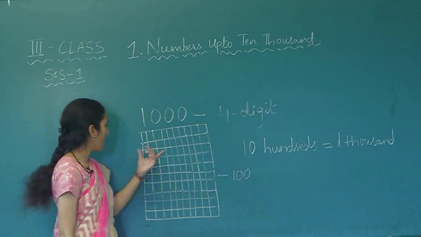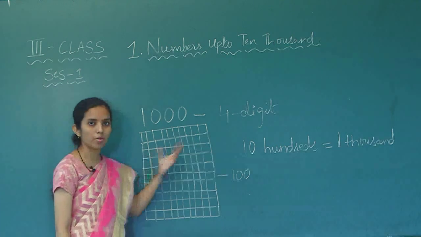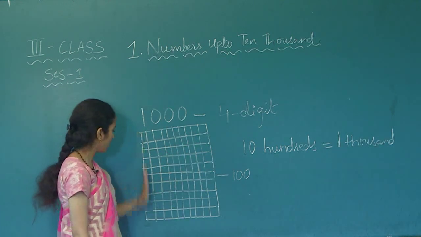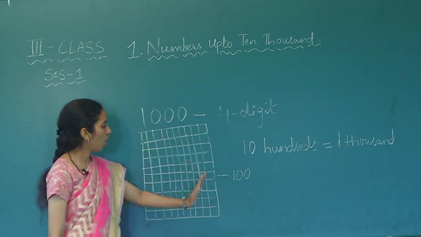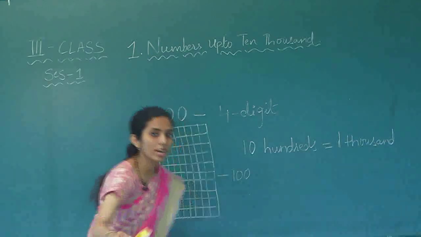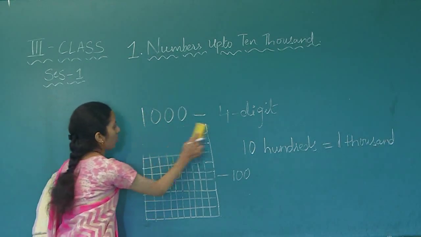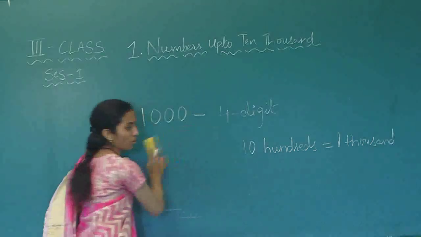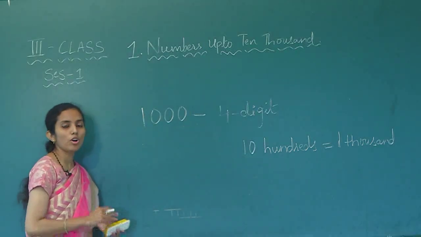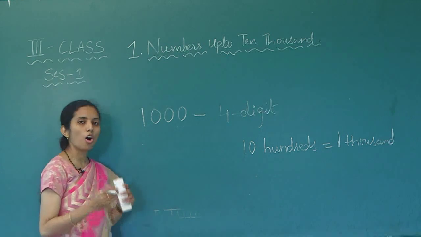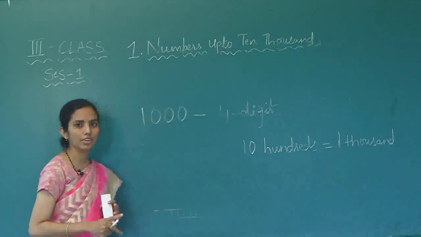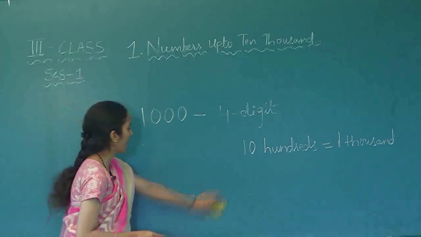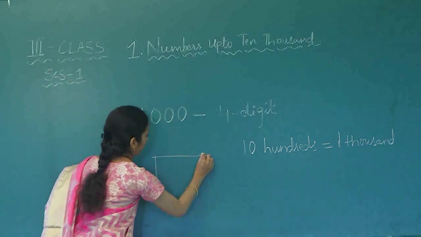We represent 100 in a square manner by using boxes, 10 by 10 boxes. So how do we represent 1000? We represent 1000 in the same manner, but we have to use 10 such slides. Drawing 10 slides is always a little difficult, so we represent it as a box.